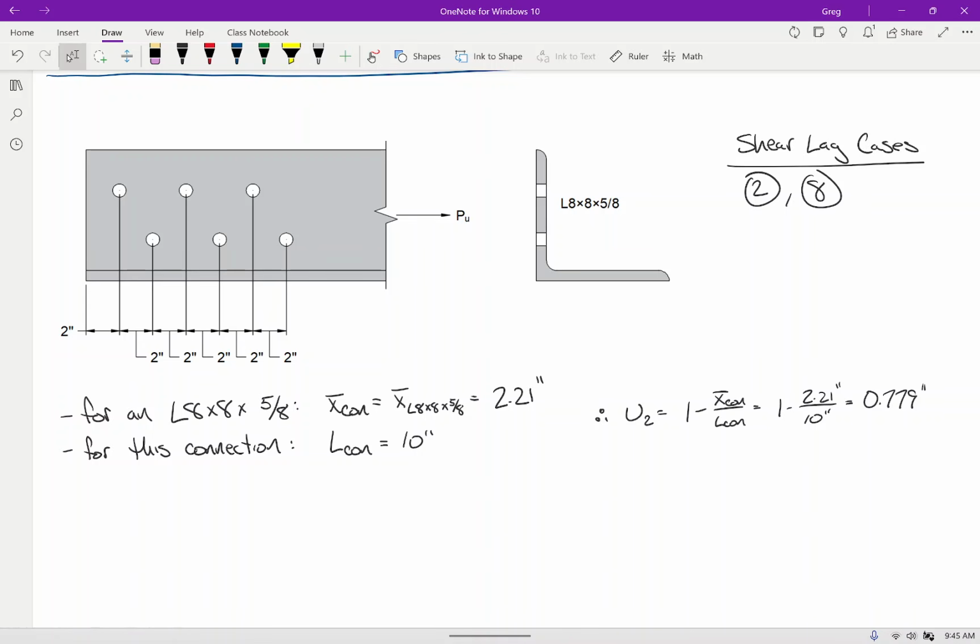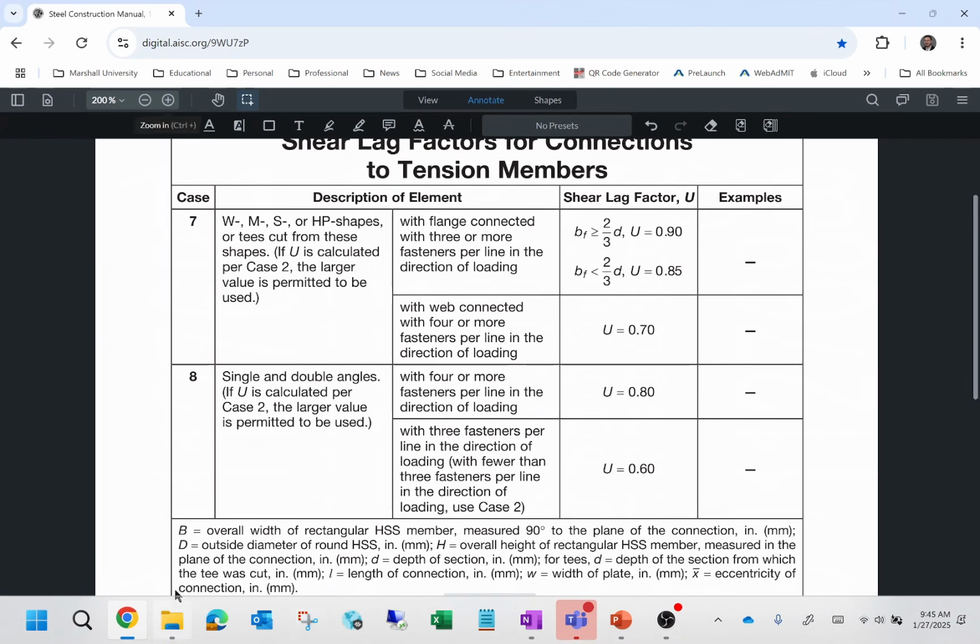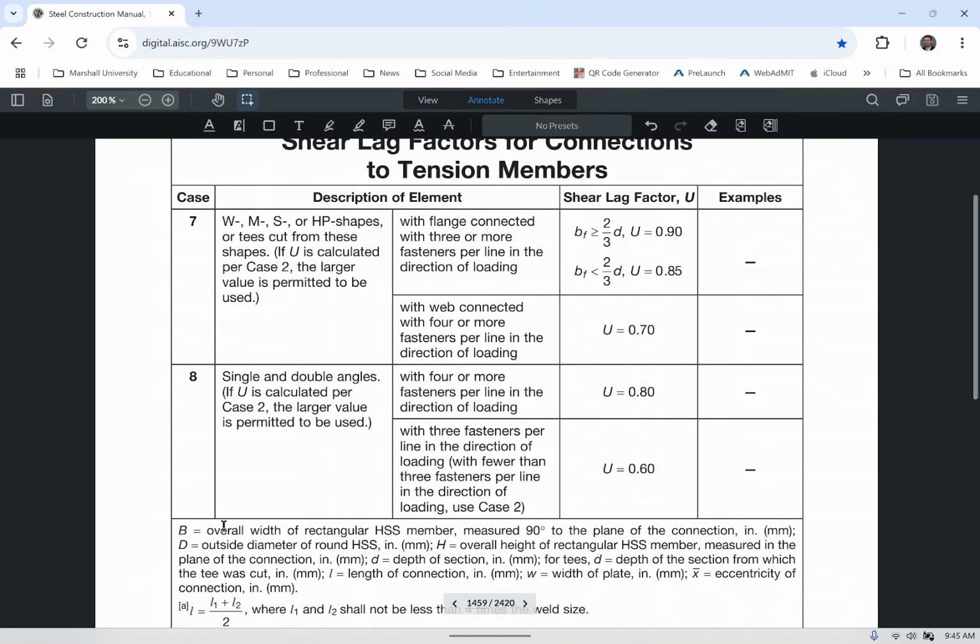Now, what about case 8? What does case 8 say? Single and double angles. It says we have 2 options: 4 or more fasteners per line in the direction of loading, or 3 fasteners per line in the direction of loading.